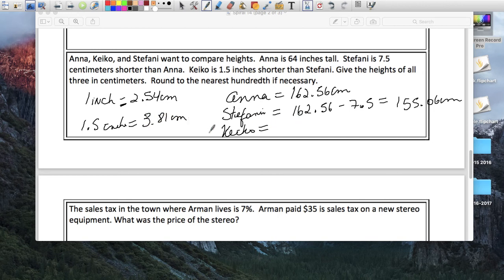So Keiko is going to be 3.81 centimeters shorter than Stephanie. Since I know what Stephanie is, I'm going to take Stephanie's height, 155.06 minus 3.81. And that's going to give us 151.25.